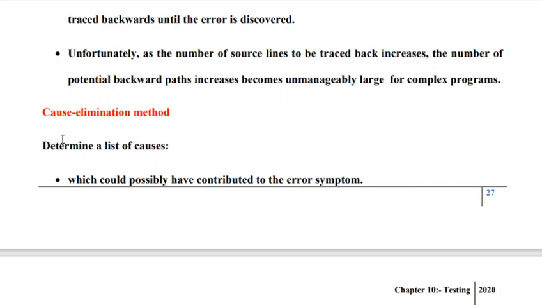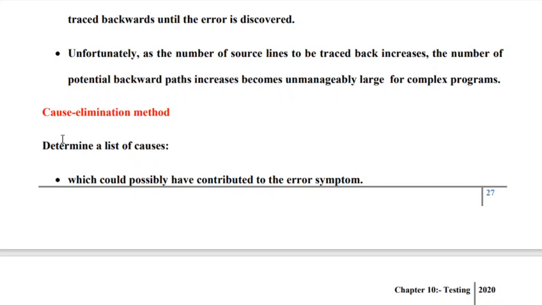Now, cause elimination. In the cause elimination method, we identify all possible causes that may lead to an error. Once the list of causes is identified, we take each of the causes into consideration and see whether the cause has actually led to the error or not, right?